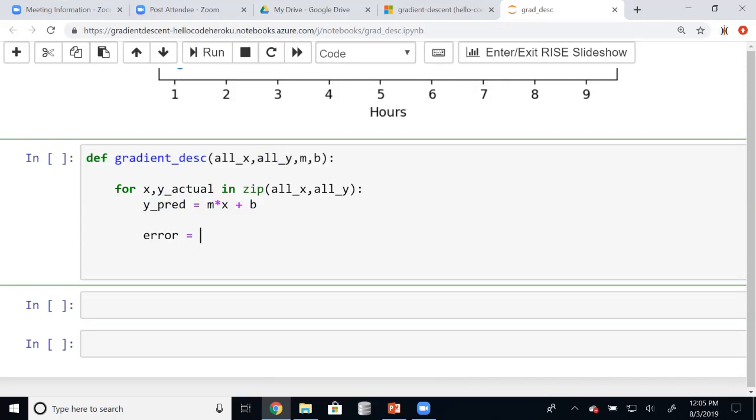I'm not trying to get the mean squared error or anything else. I'm just saying the normal error for that particular point, the absolute error over there, or we don't even care about the absolute value. All we care about is what the error is. So in that case, the error will be y prediction minus y actual. Okay.